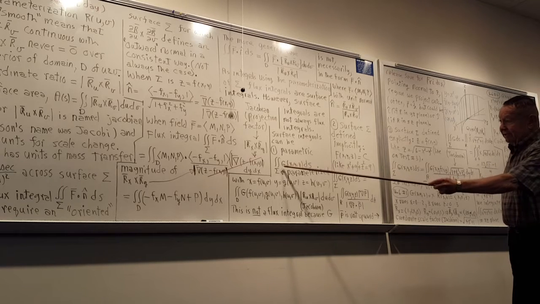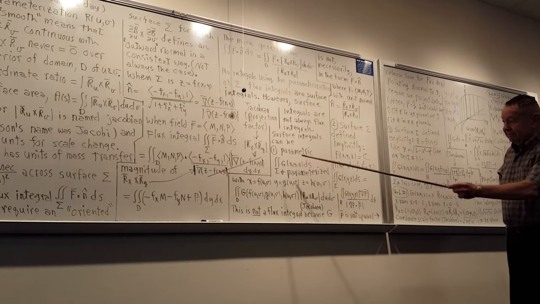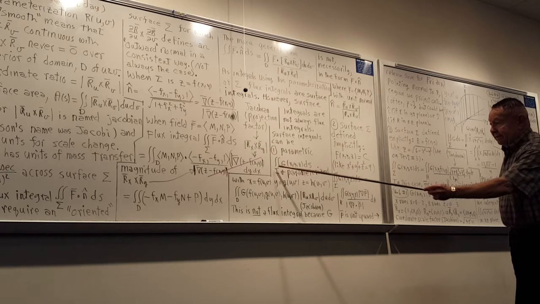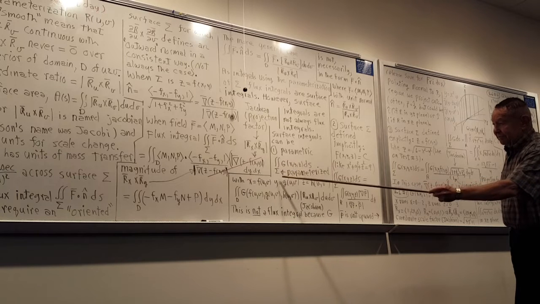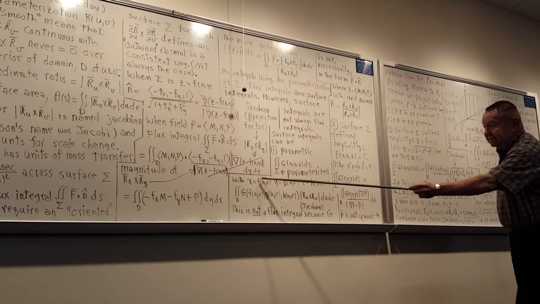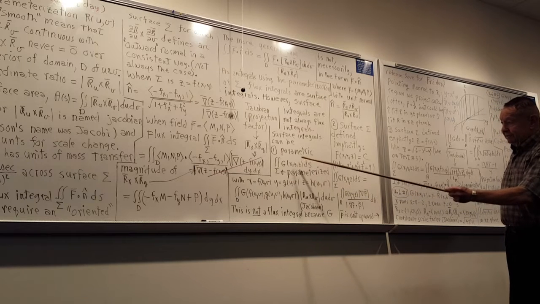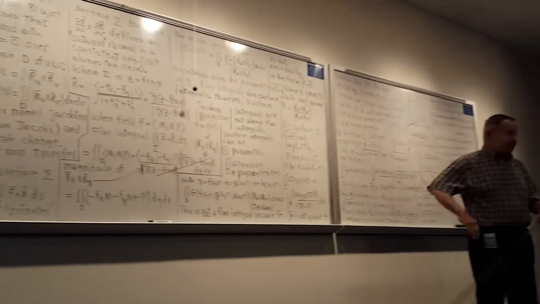So you have the integral of some function of the three variables, and this sigma then would be a surface parameterized with x, y, and z as functions of the two variables you're going to use as your parameters.